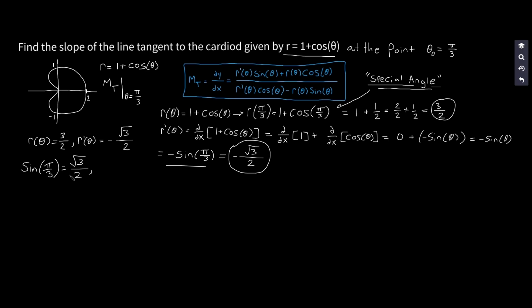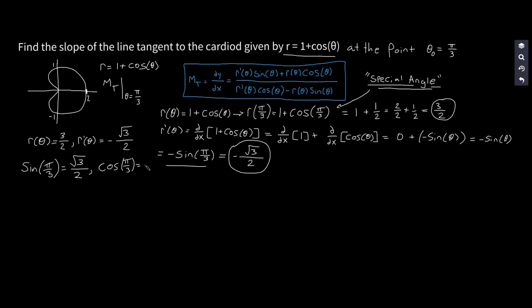And then we need cosine of theta, which is another special angle, which we already calculated, which is really cosine of pi over 3.